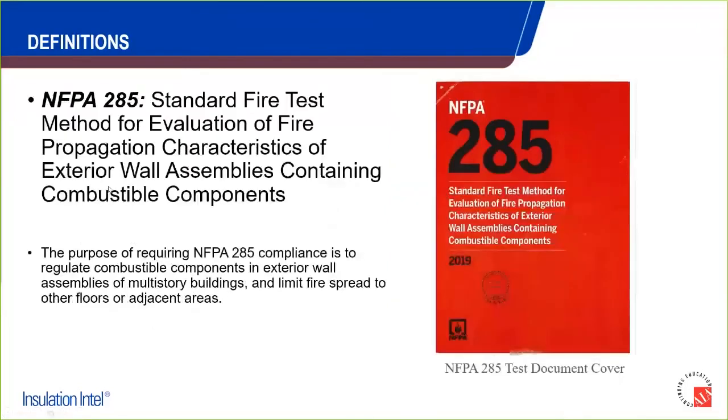And here is the book as it stands, 2019 edition, Fire Test for Evaluation of Fire Propagation Characteristics of Exterior Wall Assemblies. Note that it's no longer limited to non-load-bearing wall assemblies containing combustible components. It's for multi-story buildings primarily, but there is a lateral component to the test which needs to be taken into account in your non-combustible structures.